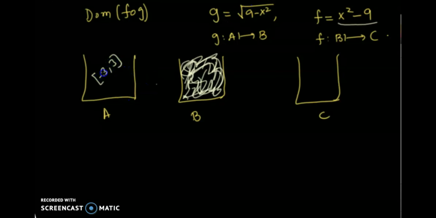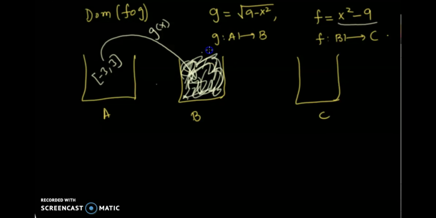Now I can take those elements from this domain for which this g of x is in the domain of f, but this domain of f is this whole set, so every element that we will take from this domain will be into the domain of f.